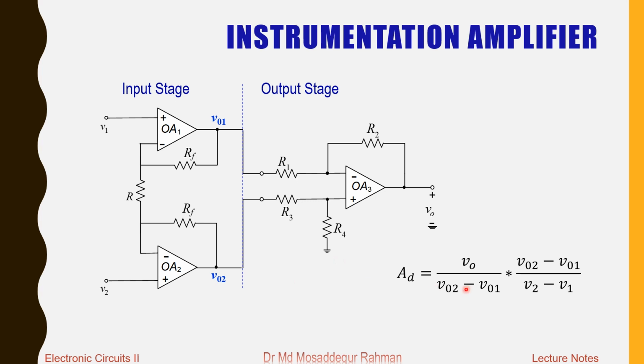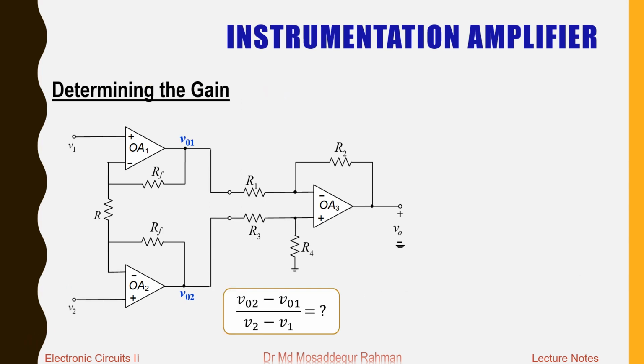The second term is the gain expression for the input stage. The output is V02 minus V01 and the input is V2 minus V1. So that is the gain of the input stage. Now we need to determine the gain of this input stage, because the gain of the output stage is already known.